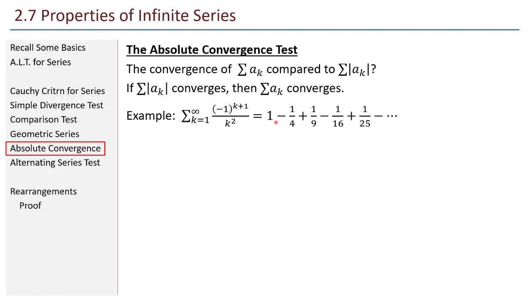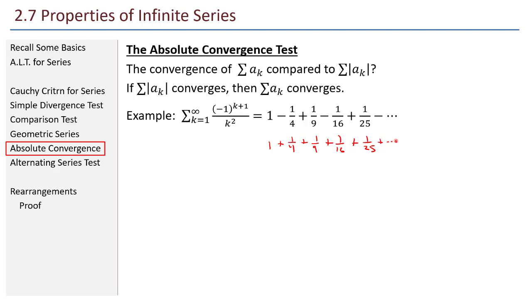Here's an example. Here's an alternating series, 1 minus a fourth, plus a ninth, minus a 16th, plus a 25th, and so on. Does this thing converge? Does it diverge? Well, let's say I'm not too sure, but let's look at the series in absolute value. After applying absolute value to every term, I get the series 1 plus a fourth, plus a ninth, plus a 16th, plus a 25th.